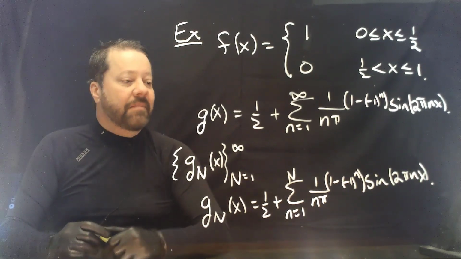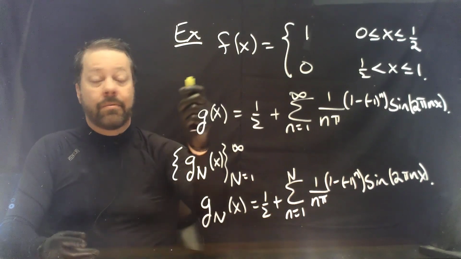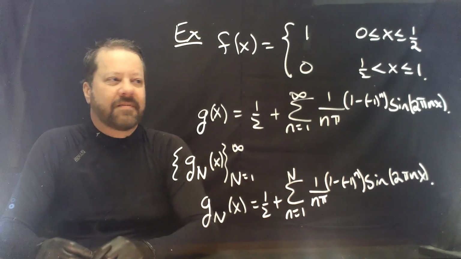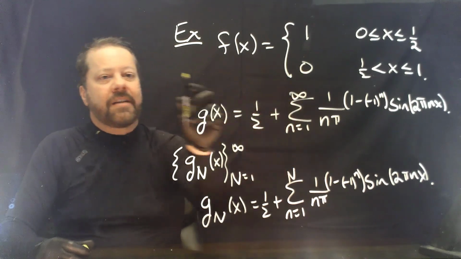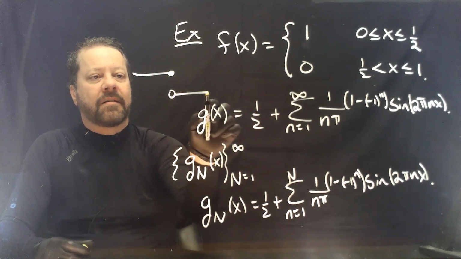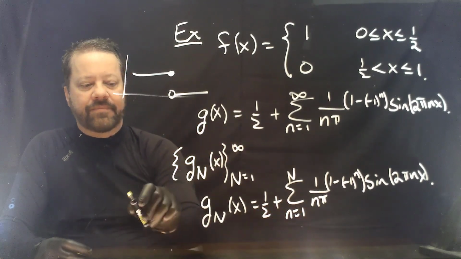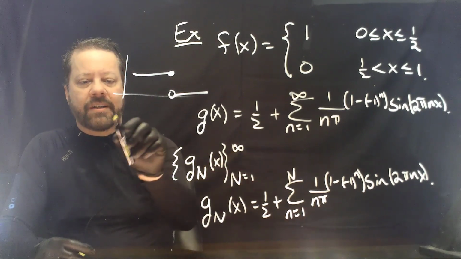How do we get convergence? Does Gn converge to f, pointwise anyway? As we saw, this function here looks like this, whereas these converge to this function, which looks a little different.